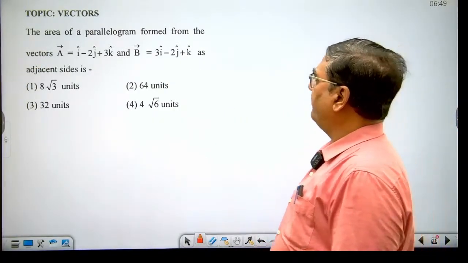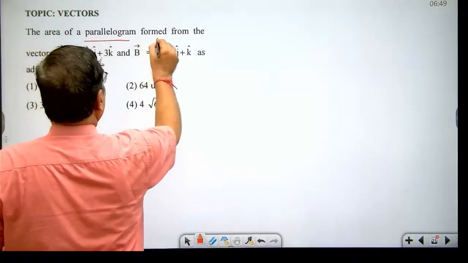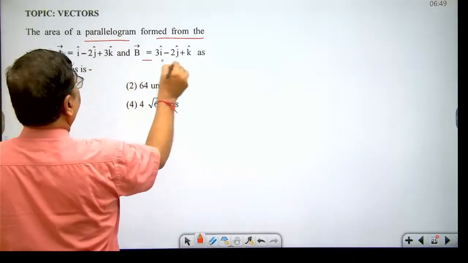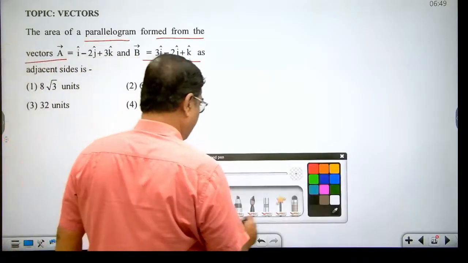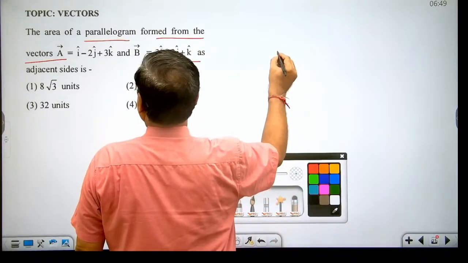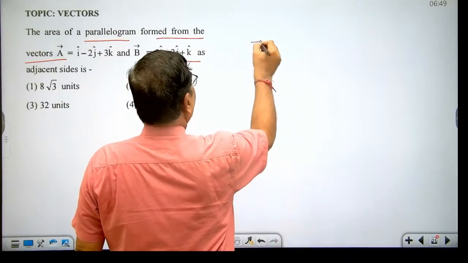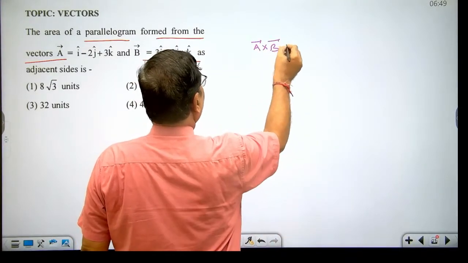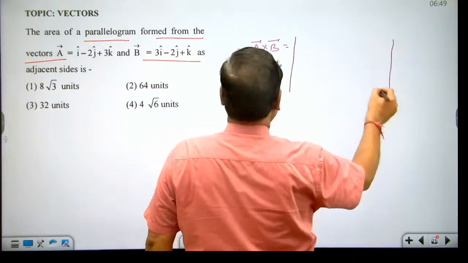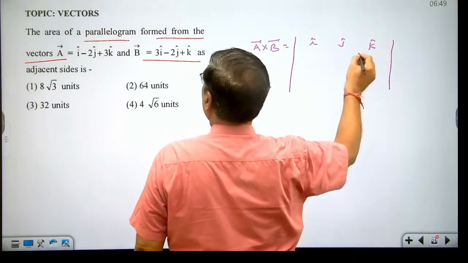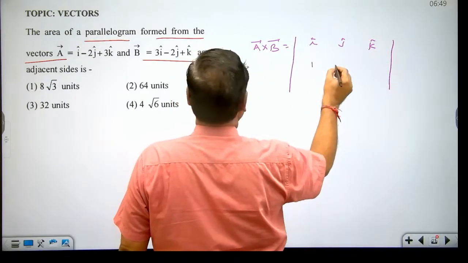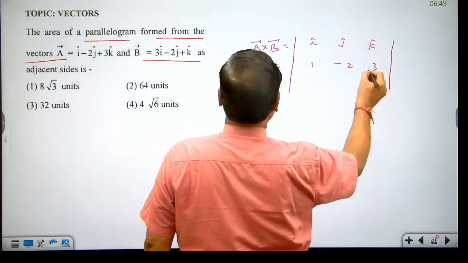The area of a parallelogram formed from the vectors A equal to i cap minus 2j cap plus 3k cap and B vector equal to 3i cap minus 2j cap plus k cap as edge adjacent sides is A cross B. Then find A cross B, because these are adjacent sides of a parallelogram. This is i cap, this is j cap, and this is k cap. This is 1, minus 2 and 3.